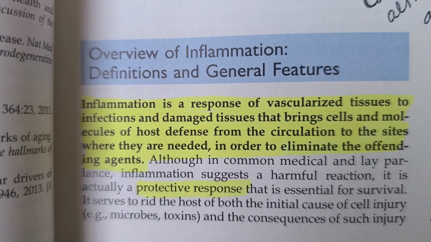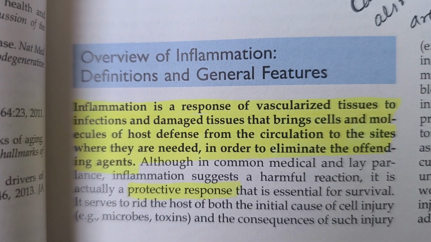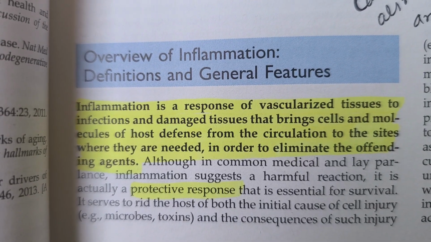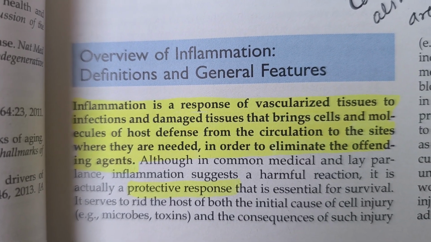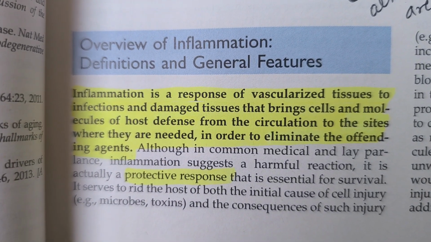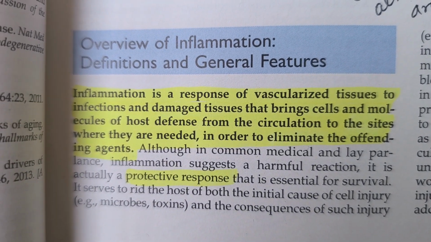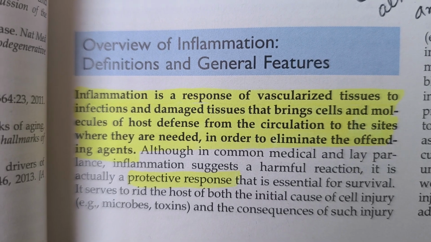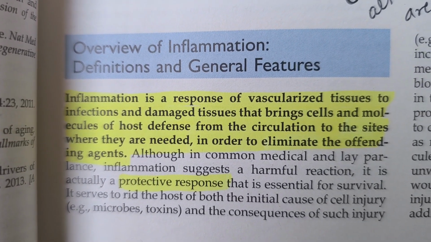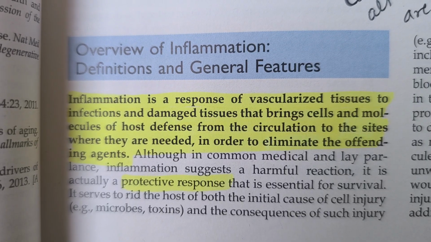Definition: inflammation is a response of vascularized tissue to infections and damaged tissues that brings the cells and molecules of host defense from the circulation to the site where they are needed in order to eliminate the offending agents.